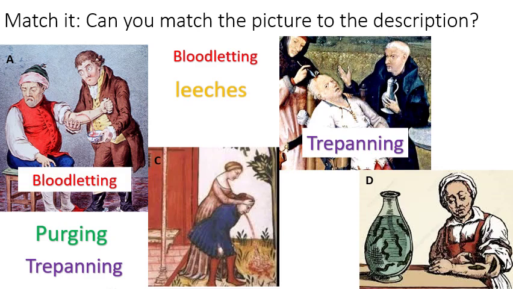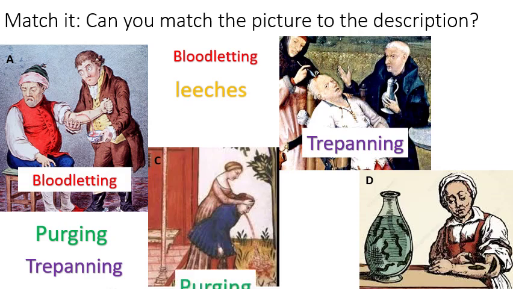If you've got a headache, let's cut the top of your head off, and that will release your headache. That was also what was used if they thought that people were unwell because of bad spirits. So making a hole at the top of the head would allow the bad spirits to escape out, and the person would then become better. So that was a really popular method that was done a lot.